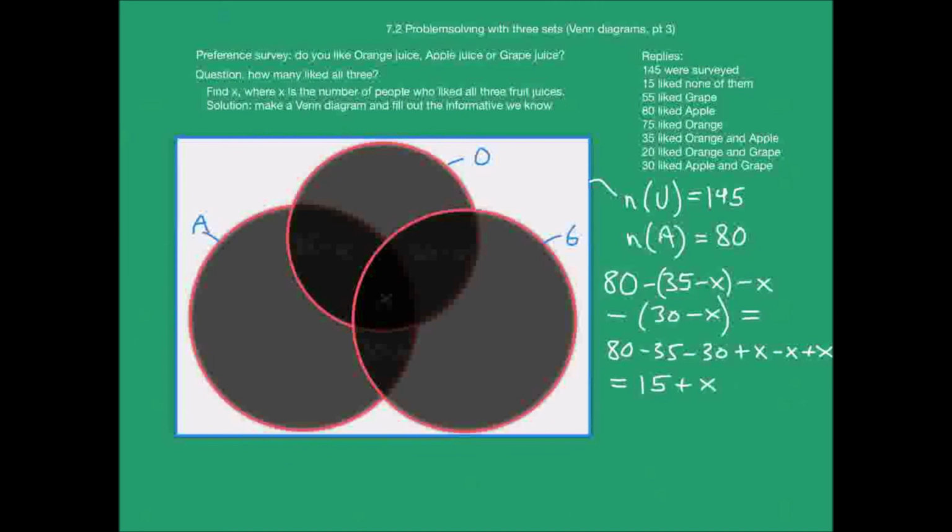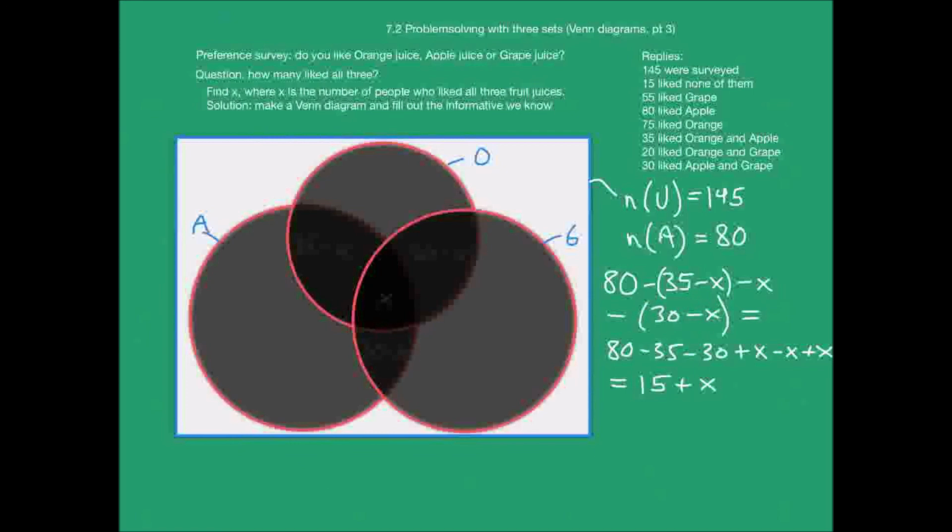So what did we do here? Well, we know that the whole circle A contains 80, and now I've just subtracted these petals, 80 minus 35 minus x, and remember the brackets here, the parentheses, because that's important. So we're subtracting this petal here, and we're subtracting the intersection in the middle, and we're subtracting this petal here.